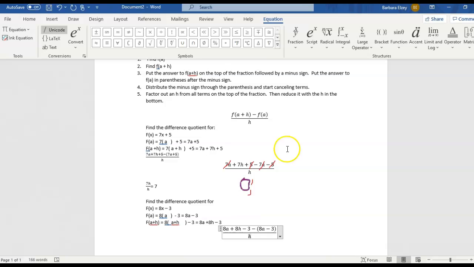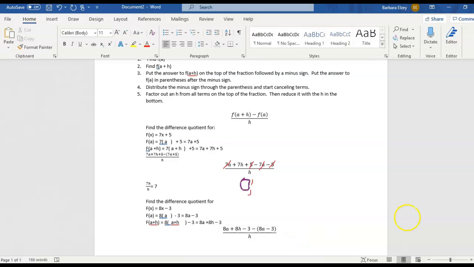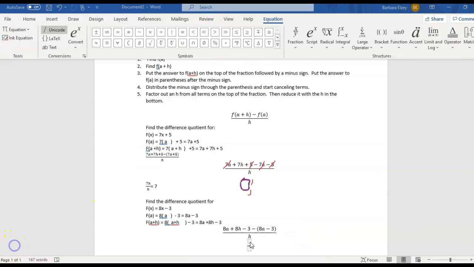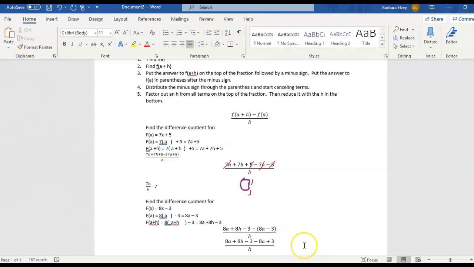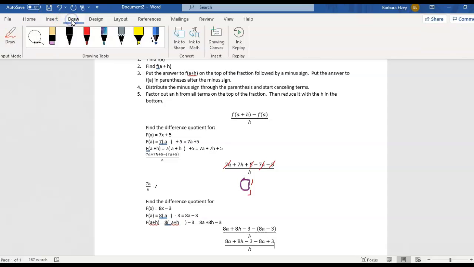All right, so now let's distribute the minus sign through the parentheses, and then we'll start canceling terms. So we'll keep the first part the same, 8a plus 8h minus 3, but distribute the minus sign through. The 8a becomes negative, the minus 3 becomes positive. And of course, if we've done things correctly, everything that was in the parentheses will cancel out with something else.